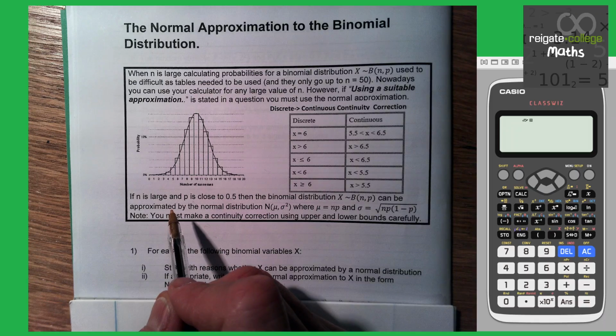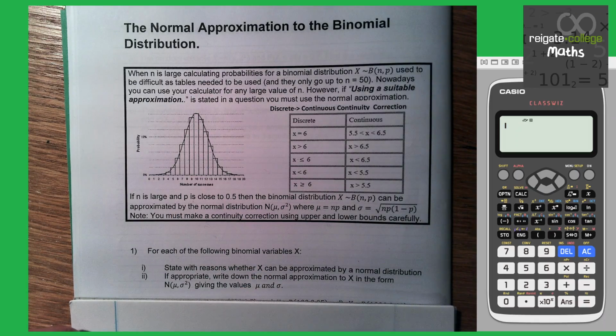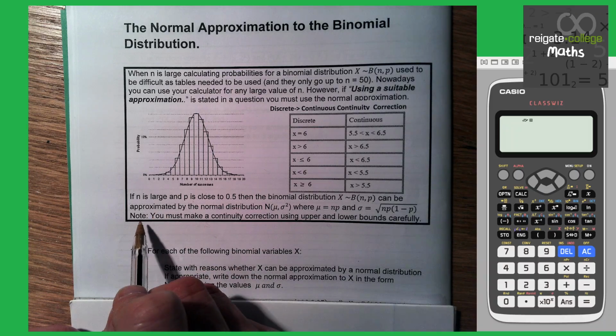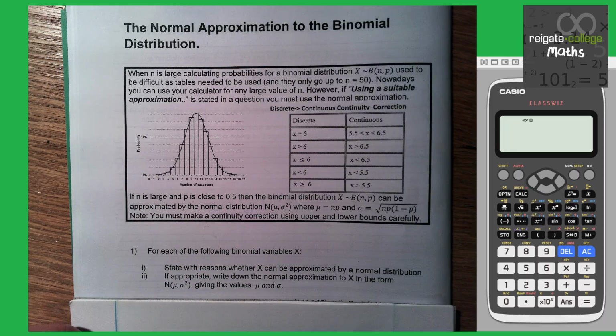So what we can do is use the normal distribution to approximate the binomial distribution, but only under certain conditions. And those conditions are, first of all, that n, the number of trials in our binomial distribution, has got to be large, and our rule of thumb is that it should be at least 50.